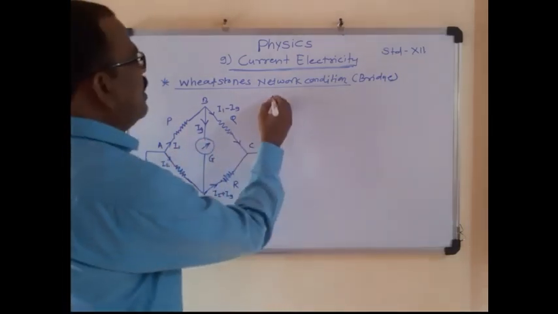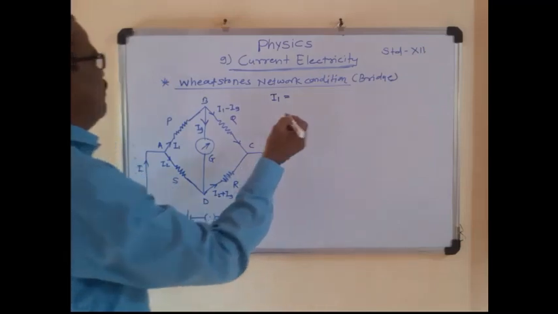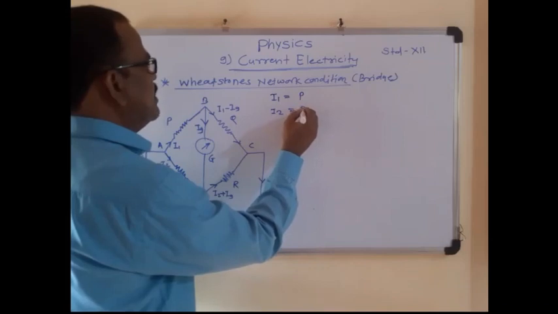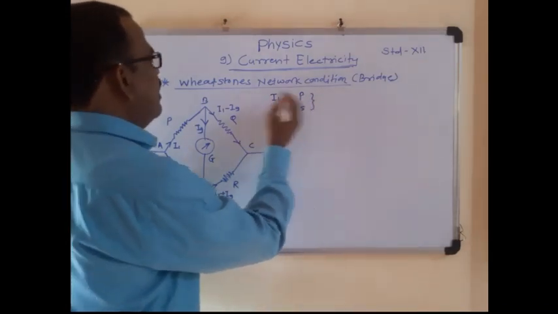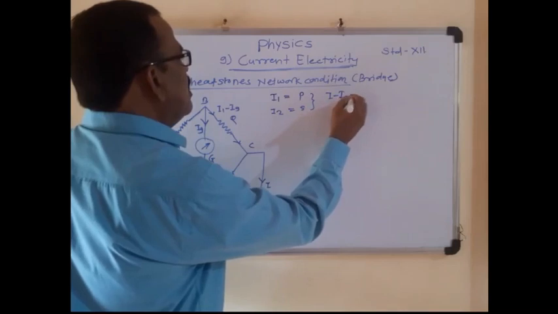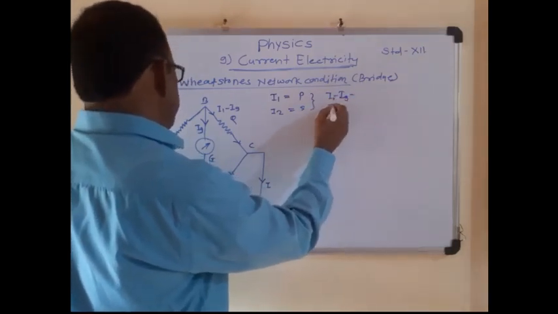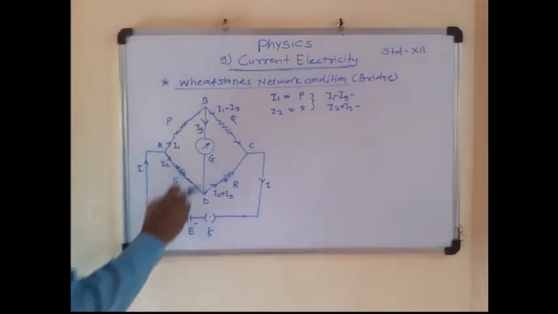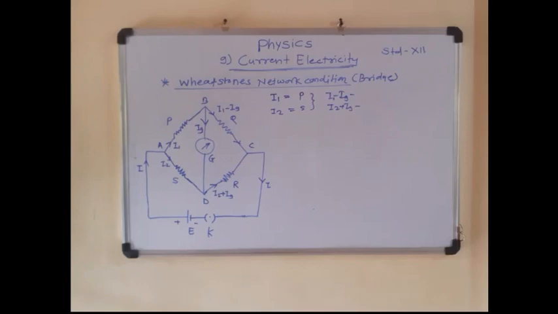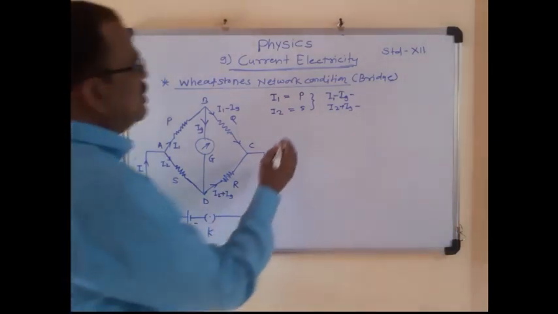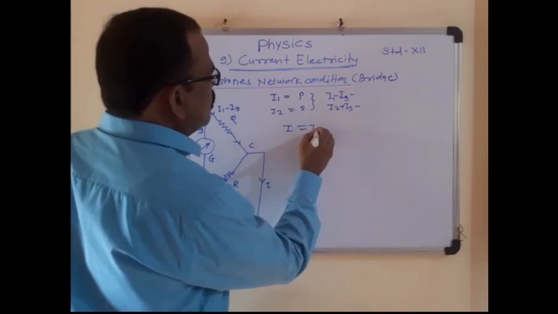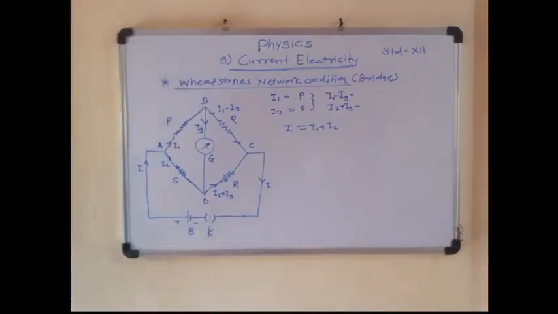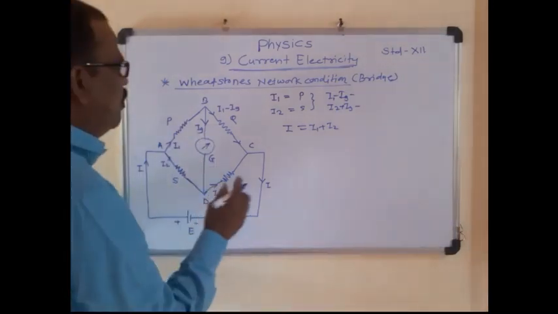At point A, I1 is the current flowing through the resistance P, I2 is the current flowing through the resistance S, I1 minus Ig is the current flowing through the resistance Q, and I2 plus Ig is the current flowing through the resistance R. The total current flowing through the circuit is I equal to I1 plus I2.